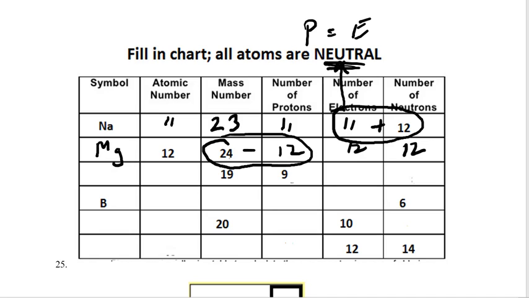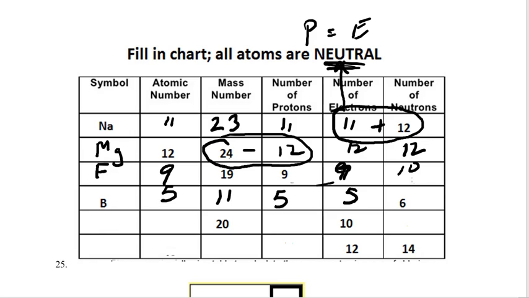So what element is this? I can go by the protons. It's 9 protons, that's fluorine. Atomic number 9, and they're neutral with 9 electrons. Neutrons, well, it's 19 minus 9, we have 10 neutrons. So boron is atomic number 5, 5 protons, 5 electrons.